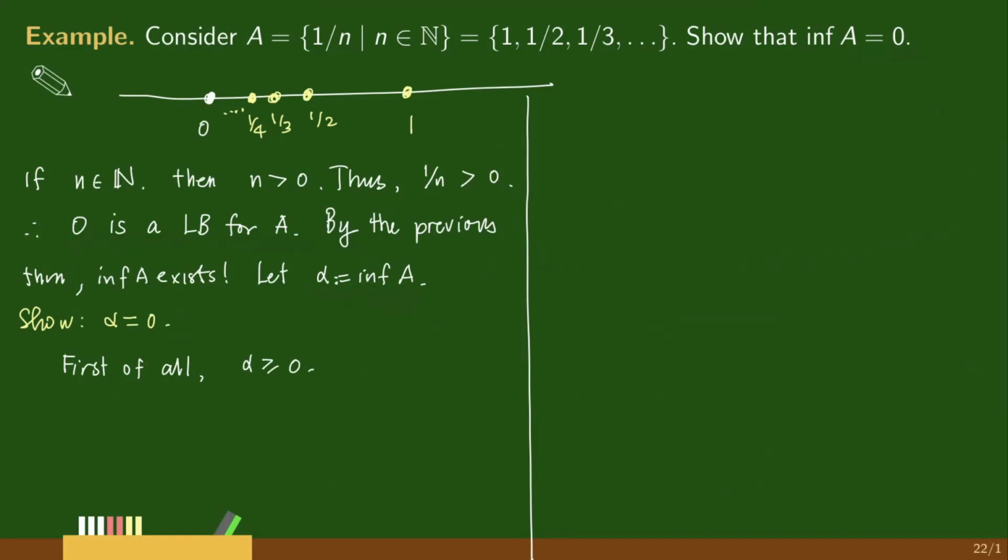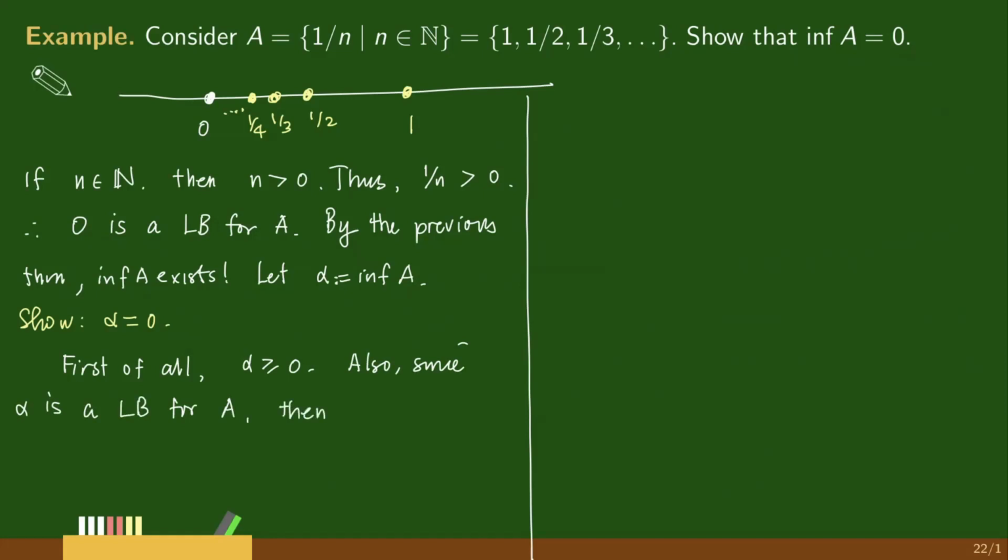How do we show that alpha is actually equal to 0? So, this is what I do. Look at this, ha? Look carefully. Also, since alpha is a lower bound, before you become the greatest lower bound, you must first be a lower bound, no?